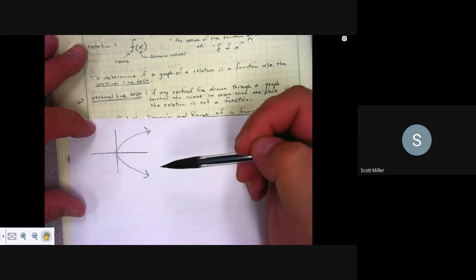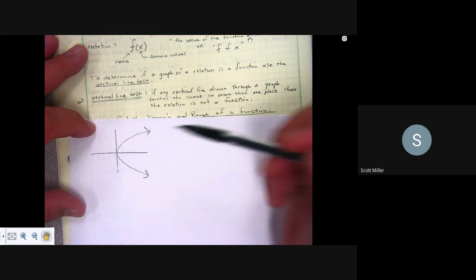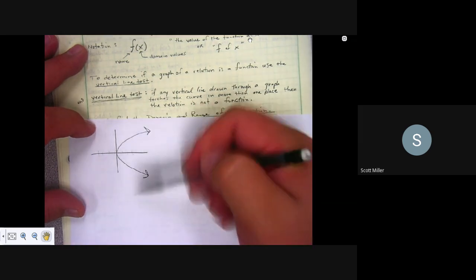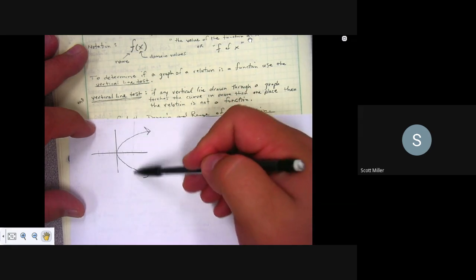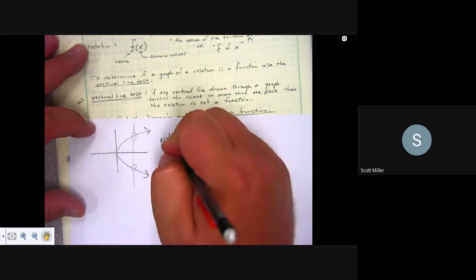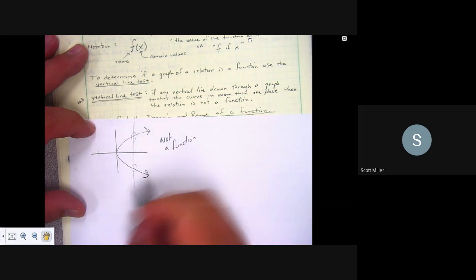If the answer is yes, this is not a function. What vertical line? Any one you want, anywhere you want. Vertical lines go up and down. So you can see clearly if I draw a vertical line right here, I hit the graph here and here, that's more than once. This is not a function. This graph represents a relation, but it is not a function.